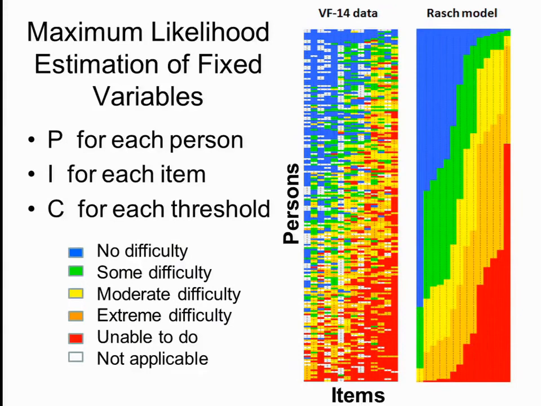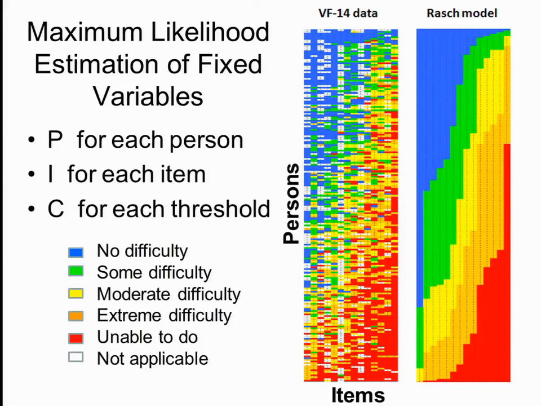So when we do that, if in fact we're making a measurement, we should get what's called a Guttman scale. A Guttman scale would produce this banding pattern, where once you go from blue to green, you don't go back to blue again. You can only stay green or go to yellow. And then when you get to yellow, you can't go back to green or blue. You have to go to the next step or stay the same, to orange, as you move across or move down.